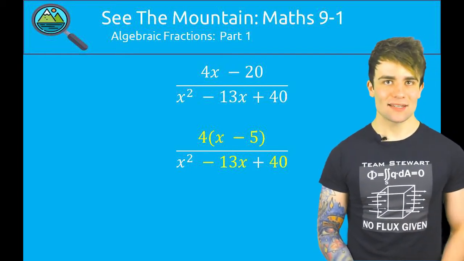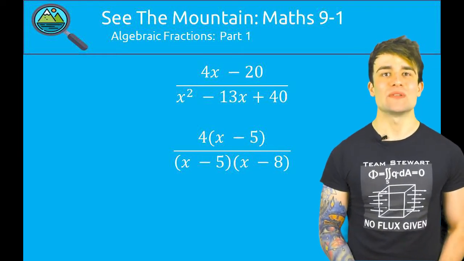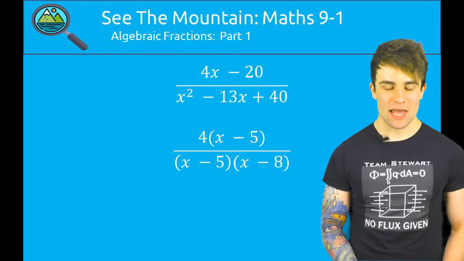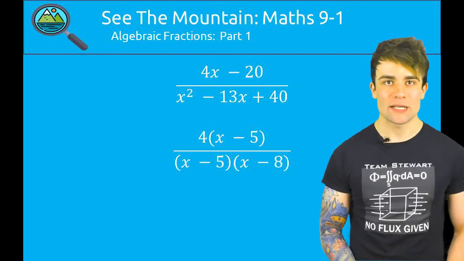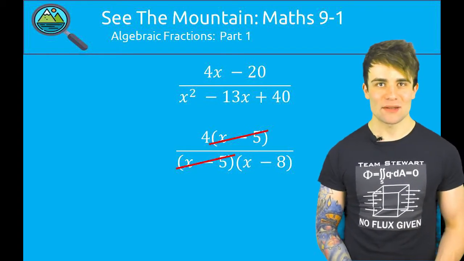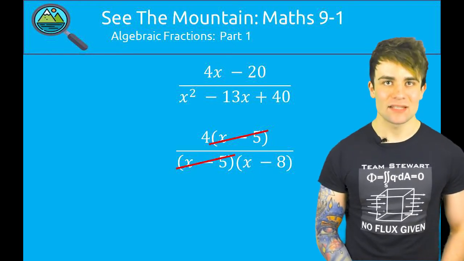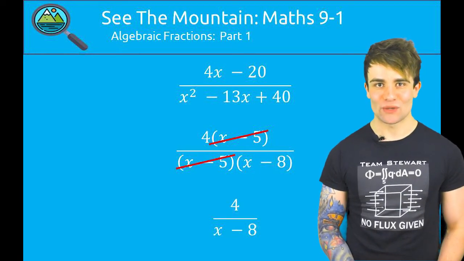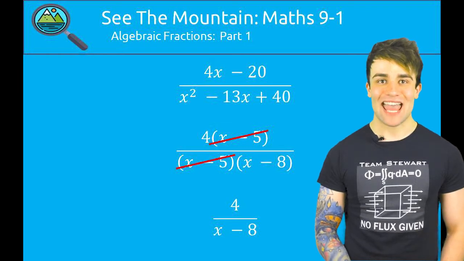Well, minus 5 and minus 8 both allow us to do that. So if you use x minus 5 and x minus 8, that can be our denominator. Now you'll notice that there's a numerator and denominator that share a common factor. That's x minus 5 and x minus 5. Cancelling those down gives us a more simple expression of 4 over x minus 8.